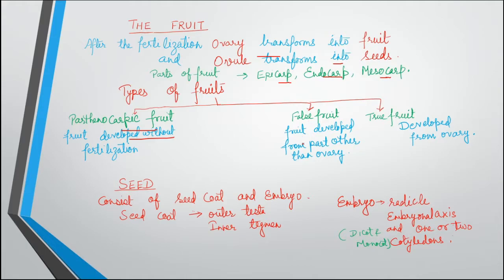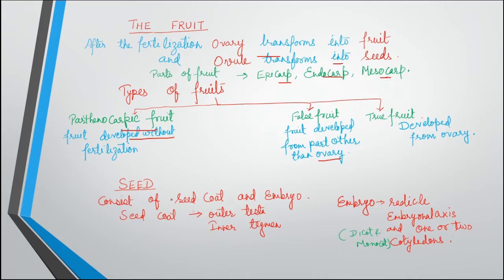Now false fruit, when the fruit develops from a part other than the ovary, very common in apple, the fruit is developed from another part, that is the thalamus, not from the ovary. When the fruit is developed from the ovary, then it is known as true fruit. So there are various types of fruit, again depending upon the structure, drupe and other different types of fruits.